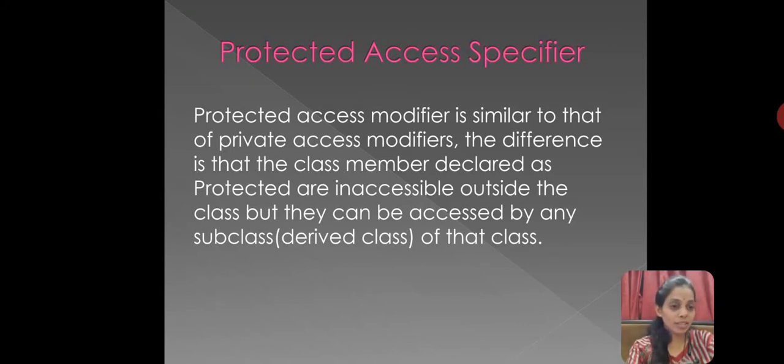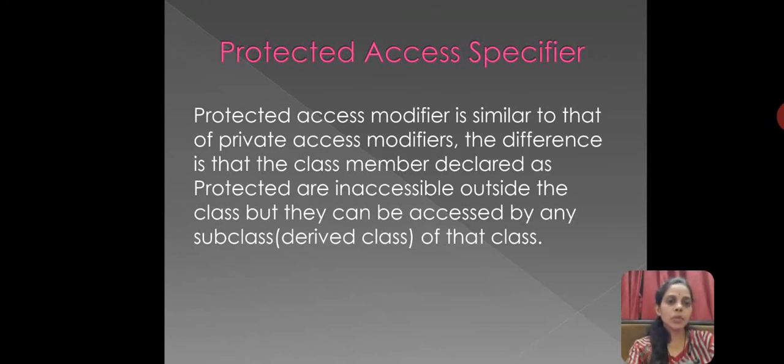Because what is inheritance? Creating a new class from an existing one. We have learned base class and derived class. So if a data member is declared as protected, then that data member or member function cannot be accessed from outside of the class, but a subclass or derived class of the same class can access that data member or member function.